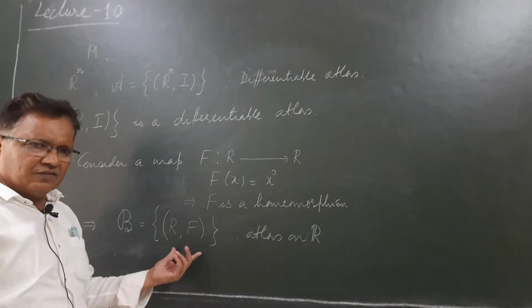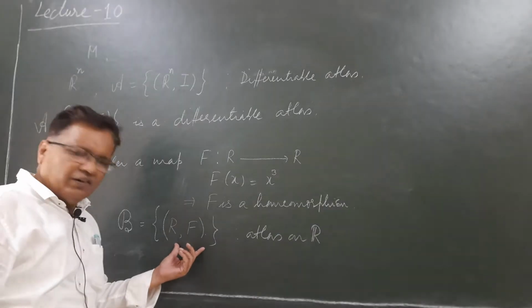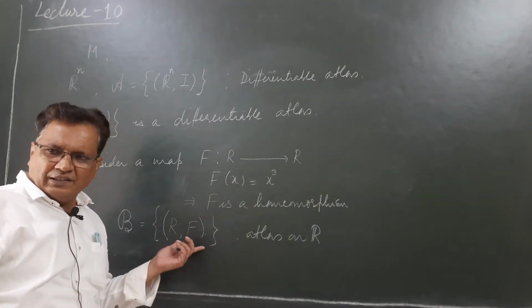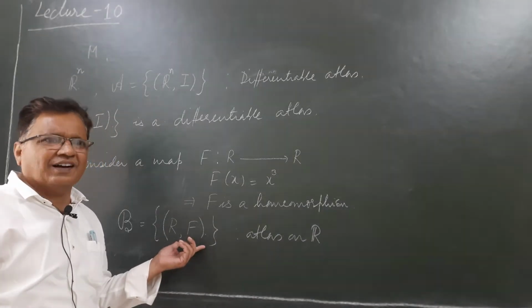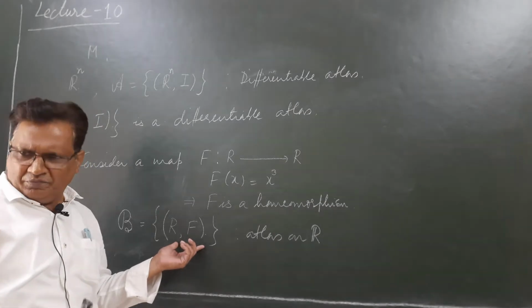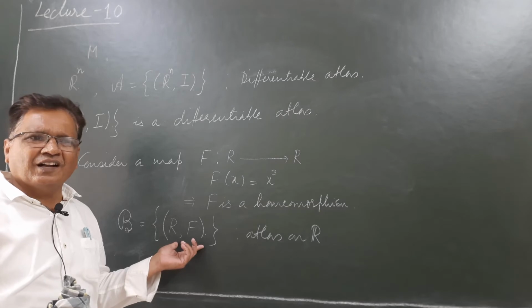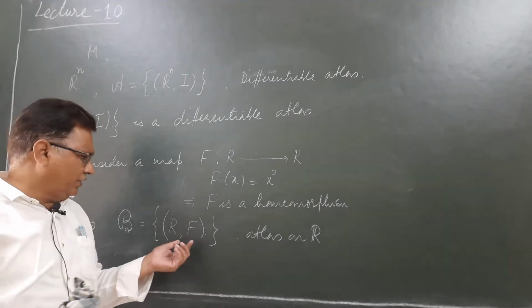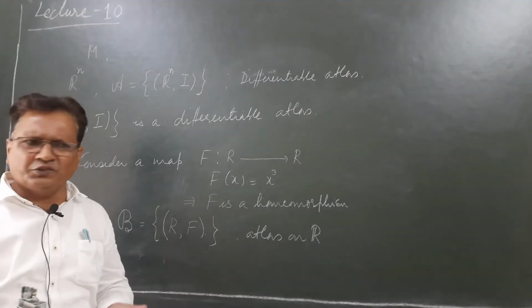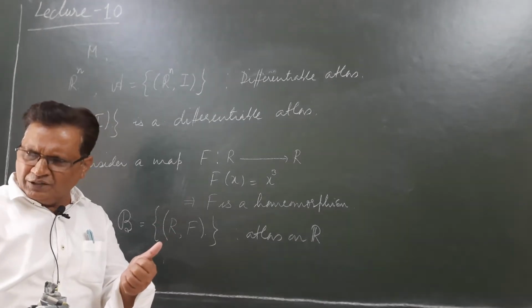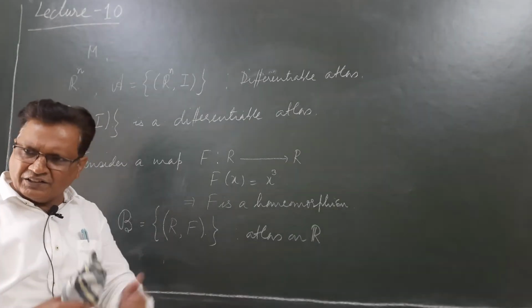Now I have to ask myself, is it differentiable? The answer is once again simple, yes, it is also differentiable. How will you check? F composition F inverse. You have only one homeomorphism and R intersect with itself.